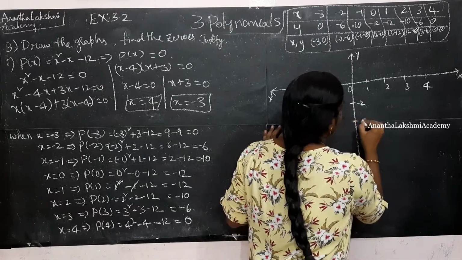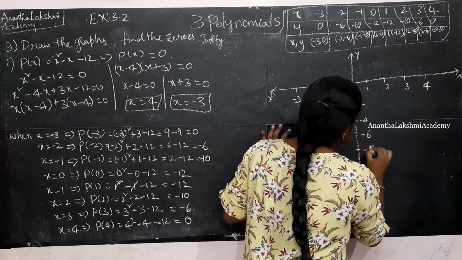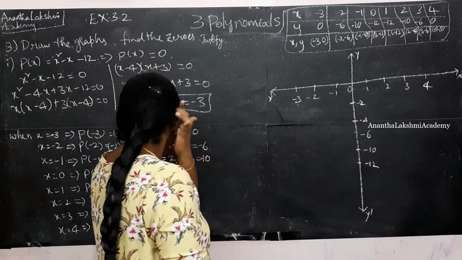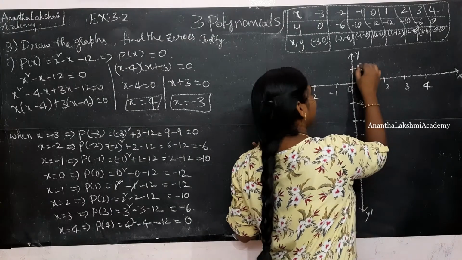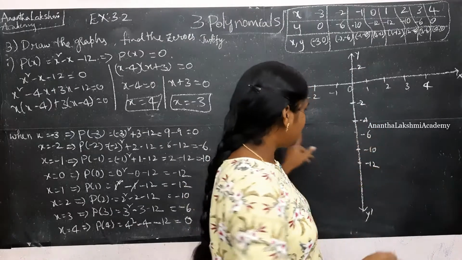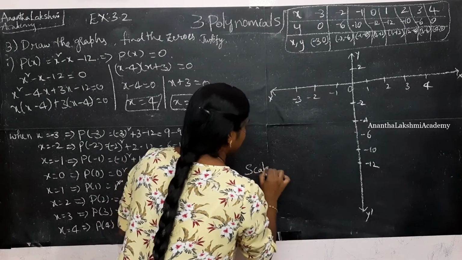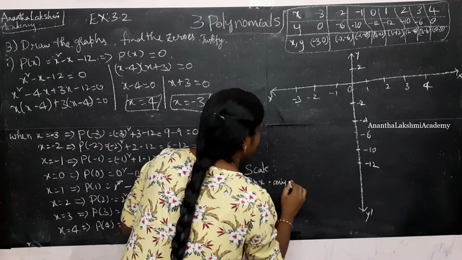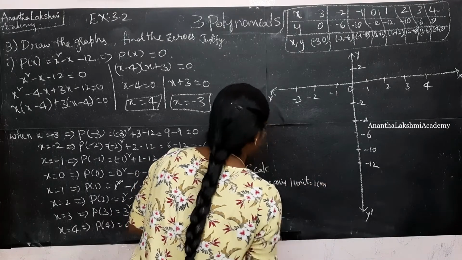Minus 2, minus 4, minus 6, minus 10, minus 12. Do we have any value other than minus 12? No, right? Okay. Here I am writing the scale also for your reference. Scale on x-axis: 1 unit is equal to 1 centimeter.